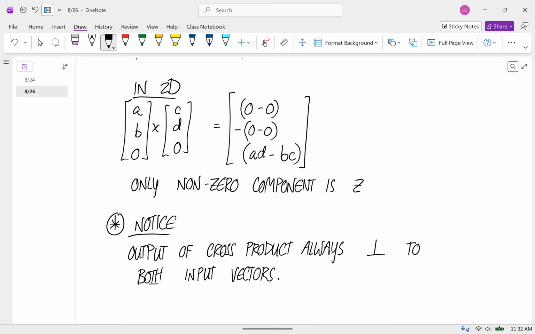So a lot of times, just to save writing, when we do cross products between vectors in the xy plane, and we're going to do that all the time, I'm going to write it down as if it's just a single number. But remember, cross products always have a vector output. It's just that if the two vectors you're multiplying are in the xy plane, we know that the only non-zero number represents the z component.